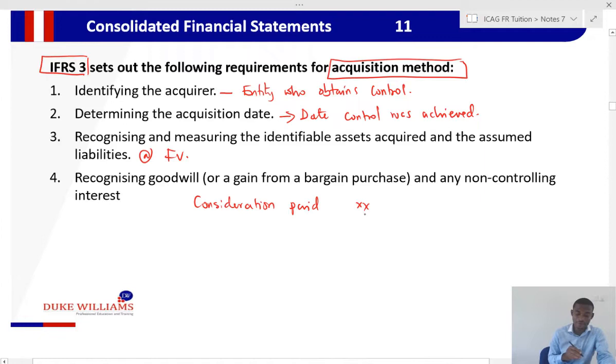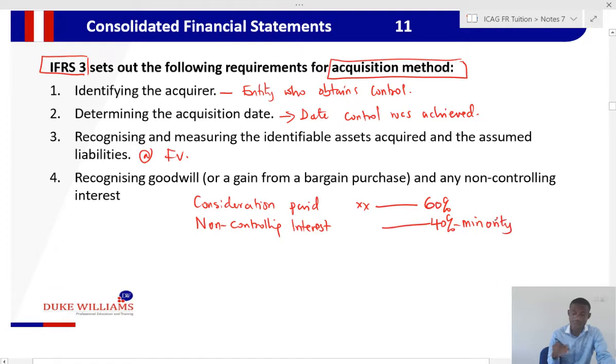And if entity A, who is the investor, did not purchase all the shares, then there is a case for non-controlling interest. A non-controlling interest is the minority. So let's say consideration is only paid for 60% ownership. Then the non-controlling interest will be the 40% ownership, and like I've indicated earlier, they are the minority shareholders.